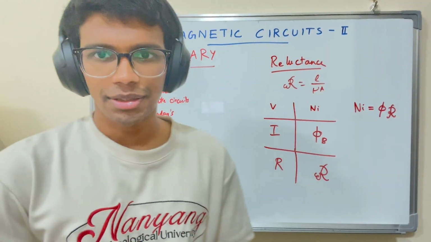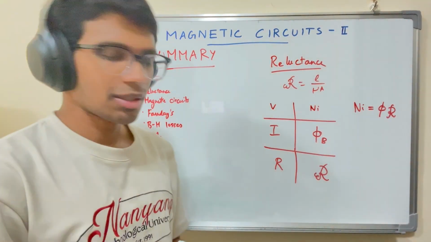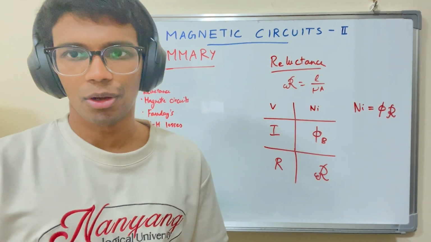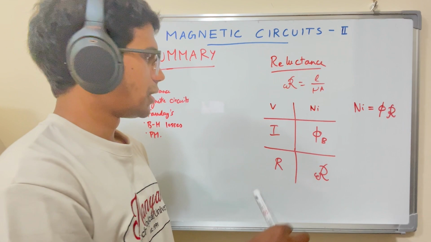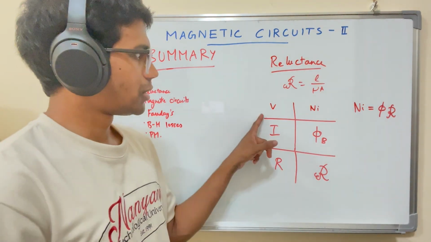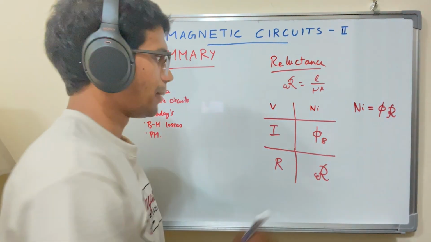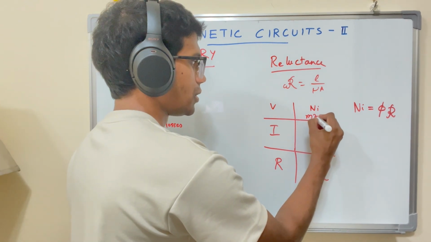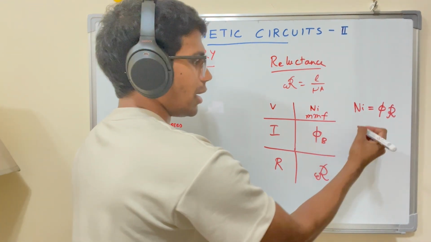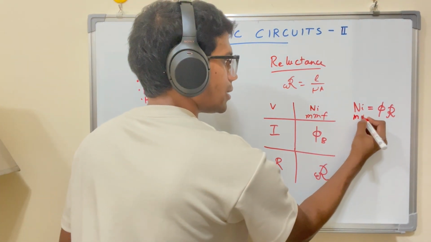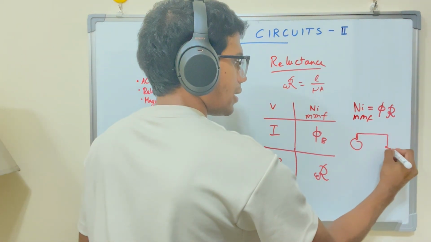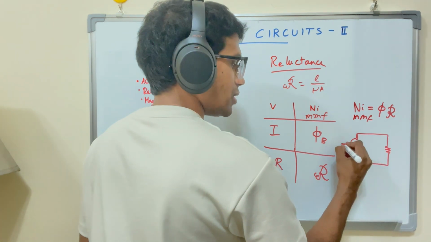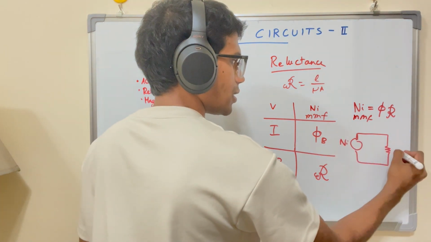We would now be discussing reluctance. And reluctance is the magnetic analog of resistance in electrical circuits. So these are the analogs. For voltage, we have Ni, that is the magnetomotive force, MMF, and in a magnetic circuit, this acts similar to the voltage source in an electrical circuit.